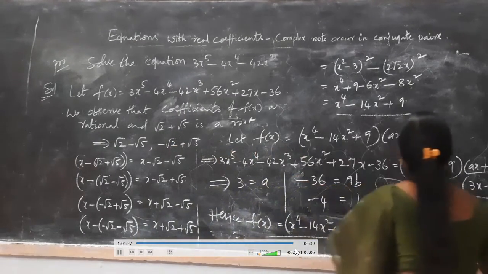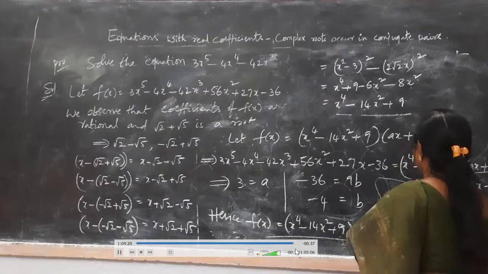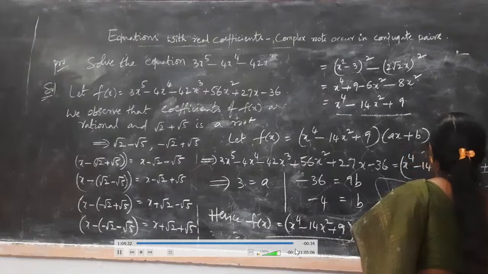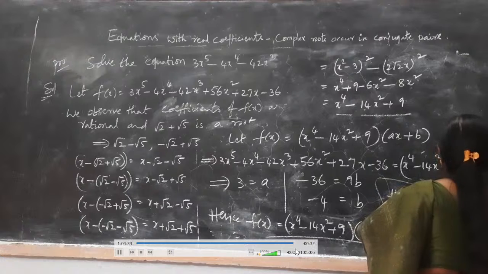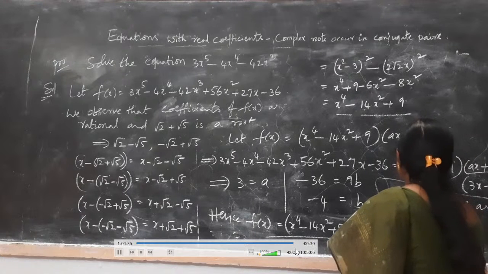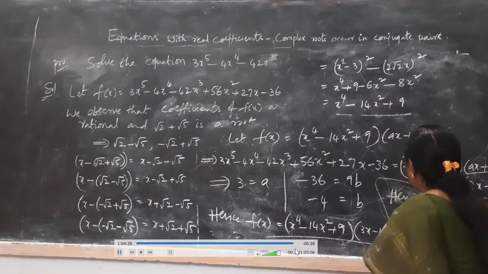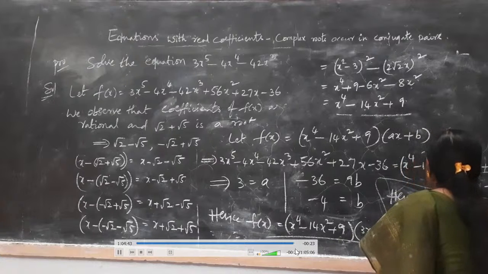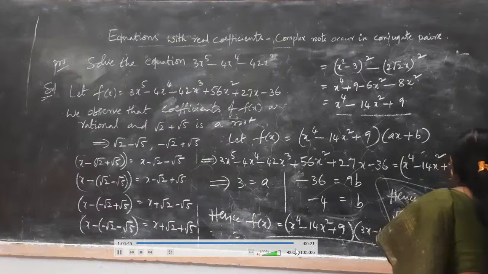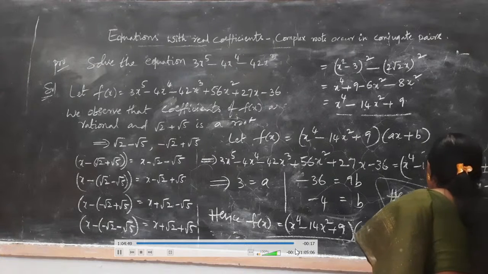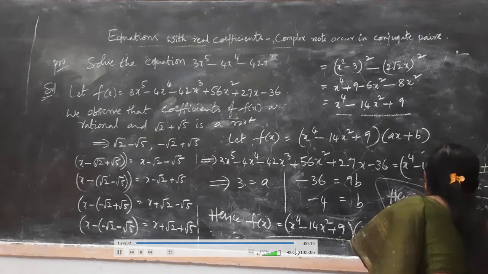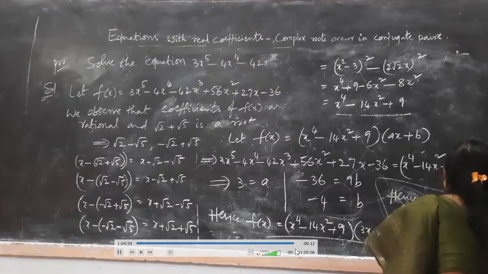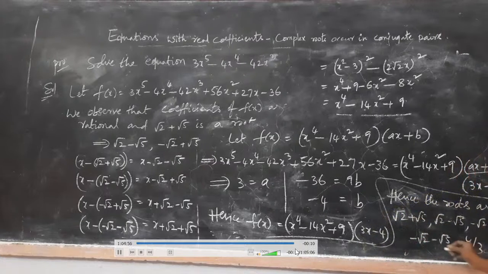Hence the roots are root 2 plus root 5, root 2 minus root 5, minus root 2 plus root 5, minus root 2 minus root 5, and 4/3. So, since it is a 5th degree equation, we got 5 roots. Okay.